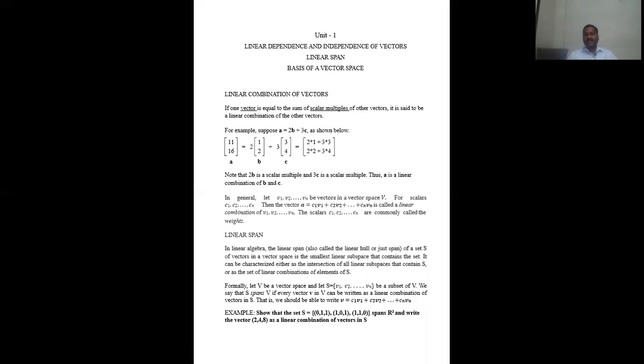Then we got another vector, 11 and 16. That is, we got A through b and c by a certain combination. That combination we call a linear combination of b and c.